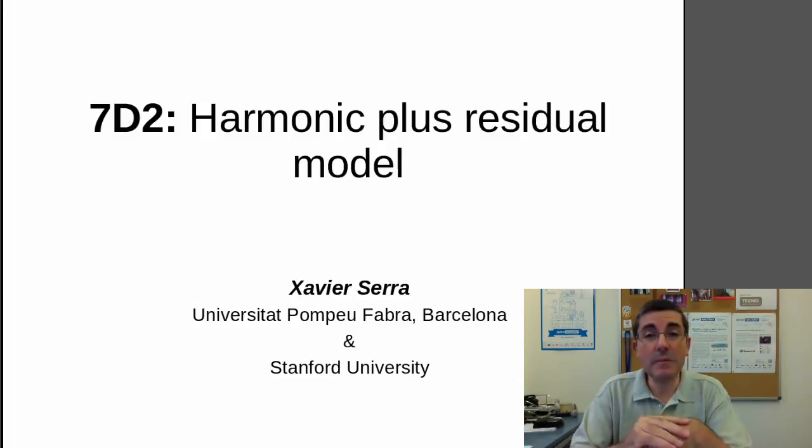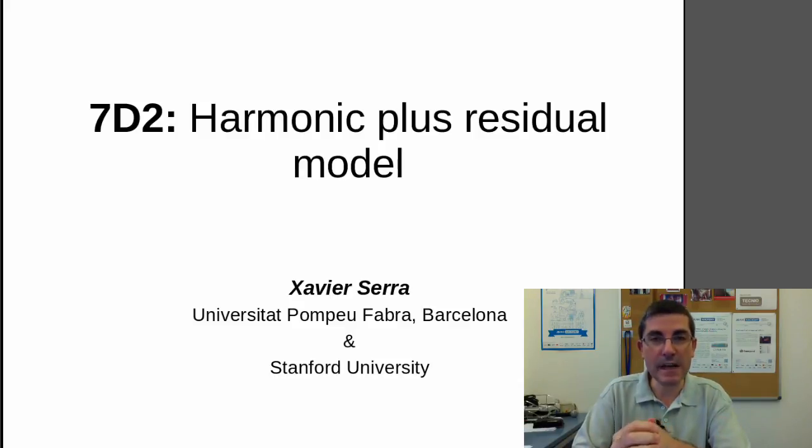So in this demonstration class, I want to talk about one particular model, the harmonic plus residual model. So the idea of analyzing the harmonics of a sound, subtracting them from the original signal and obtaining the residual, which then can be combined, of course, with the harmonics that we have identified.